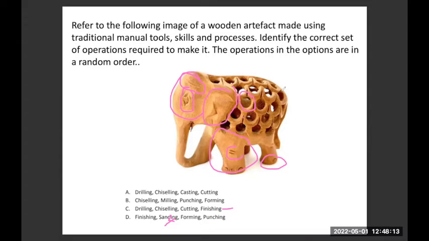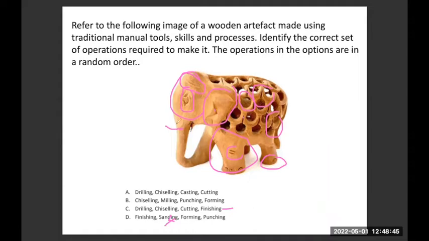What is drilling, what is chiseling, what is cutting, and what is finishing? Finishing is basically drawing up or carving all these finer details that you are able to see here. The last one, sanding, I would say it's not involved because one can see the scratches from the way the chiseling would have happened. जैसे ये chisel का mark है, if you can see here, I'm just removing this, but this is a chisel mark.